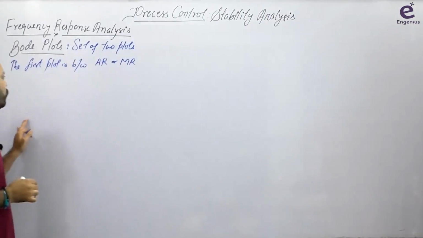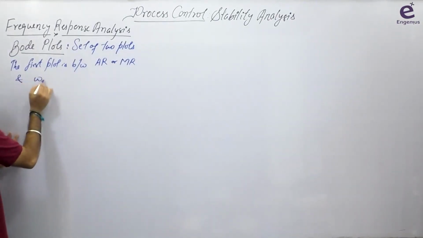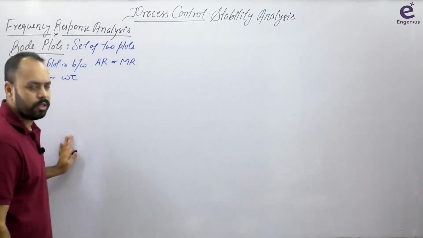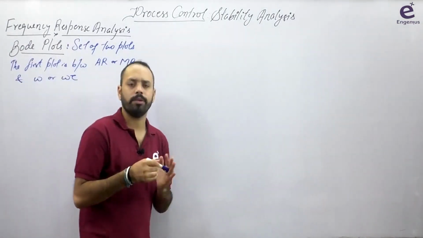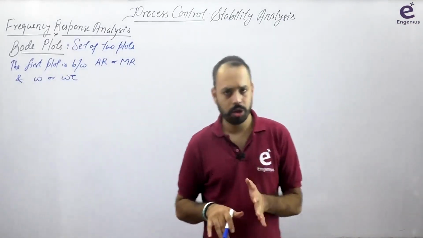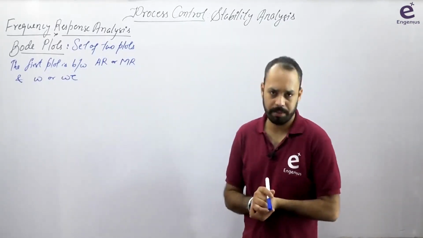So, the first plot is between AR or MR and omega or omega tau, right? You have seen that when we discussed AR, amplitude ratio, and phi, in all the cases AR was a function of omega somehow. Otherwise, AR was constant or it was a function of omega.